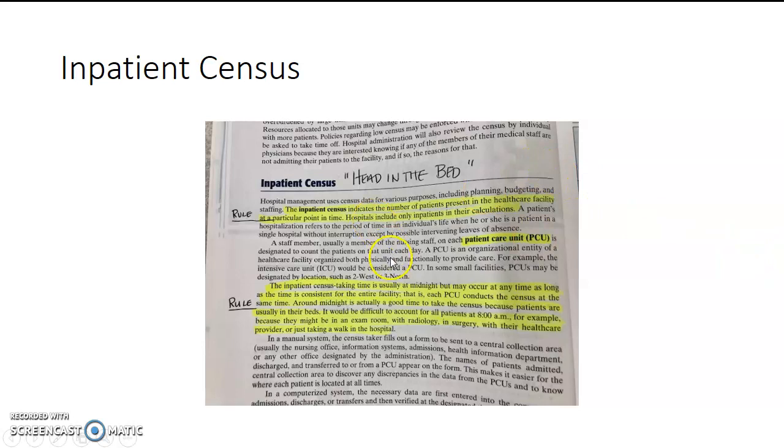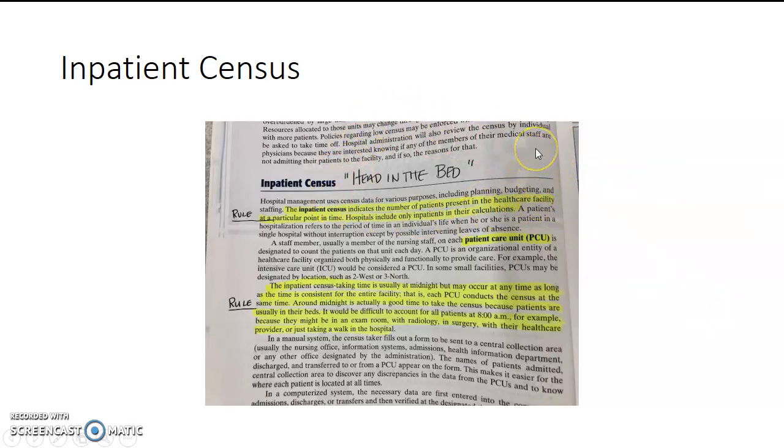All right, so what does your textbook say? The rule says the inpatient census indicates the number of patients present in a healthcare facility at a particular point in time. Here's your rule. Hospitals only include inpatients in their calculations. So we're going to talk about newborns in a minute, but right now, inpatient census means your folks that are spending the night in your facility that, I mean, quite literally have their head in the bed.